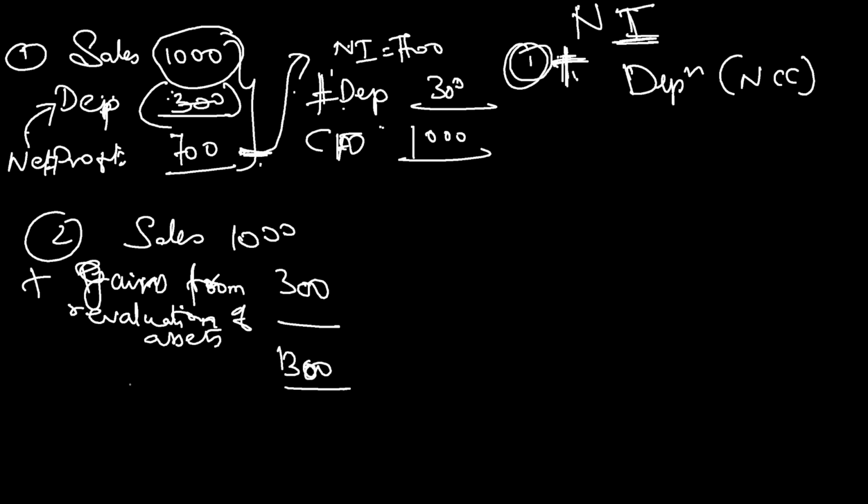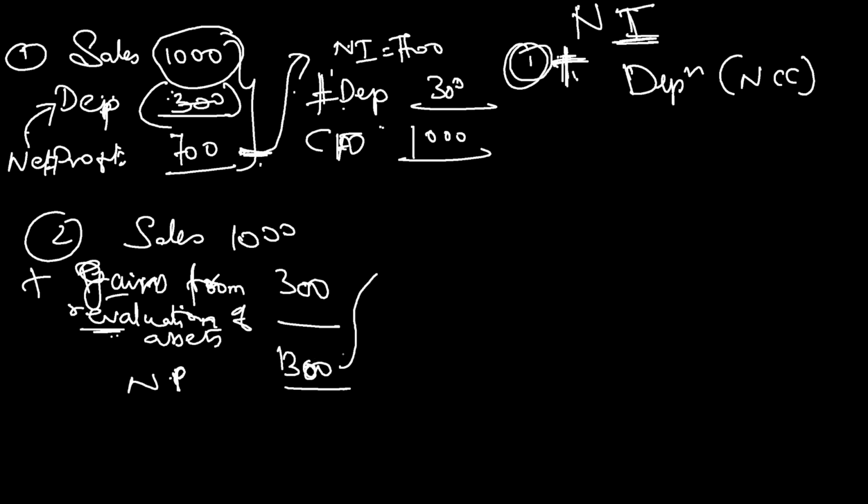So imagine, if this is the only transaction, my net profit or net income will be 1300. However, do I have 1300 in my hand? No. Reason being, this is coming from revaluation of assets. Practically, just the value of the assets has been increased, but otherwise the cash has not gone up.